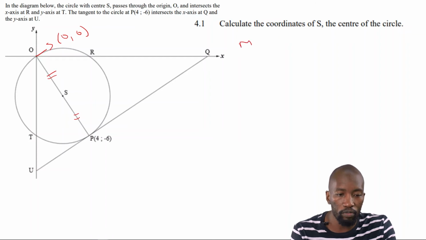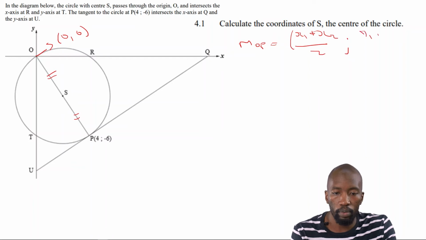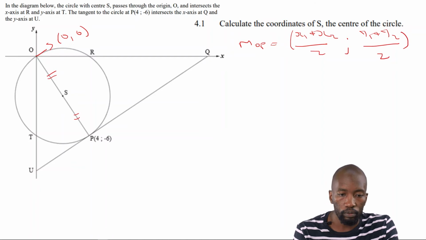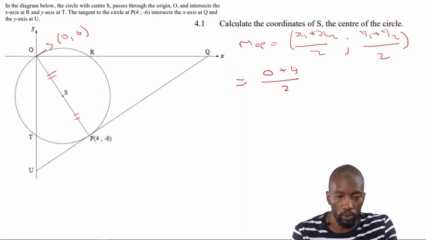So M of OP is just (x1 plus x2) over 2, and then (y1 plus y2) over 2. That'll just be (0 plus 4) over 2, comma, (0 plus negative 6) over 2.